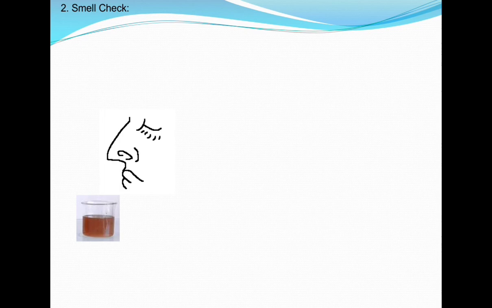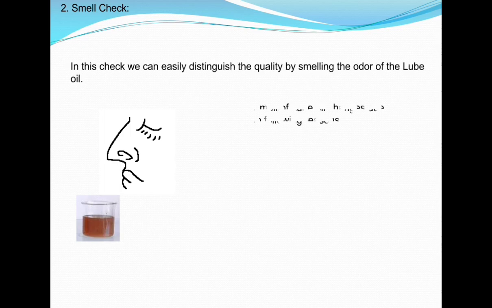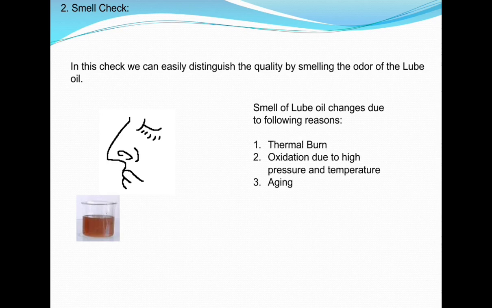And TAN number, what is TAN number? These will all be discussed in the next session. So from the smell we can come to know whether the oil can be replaced or not.